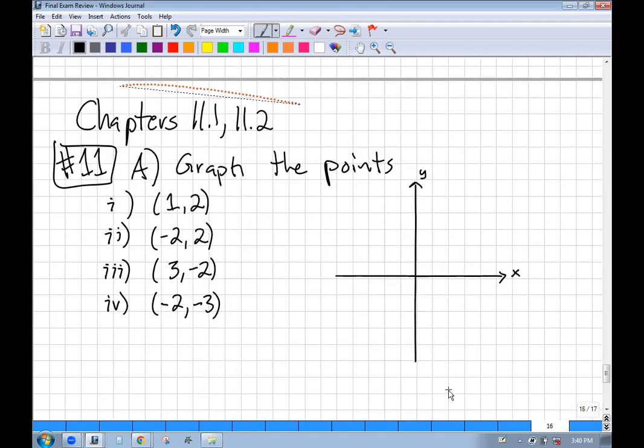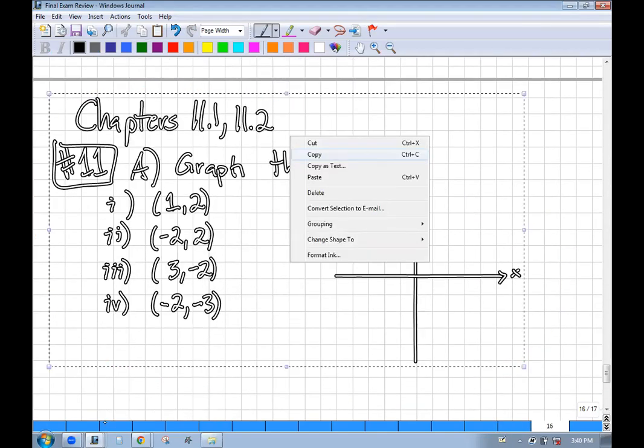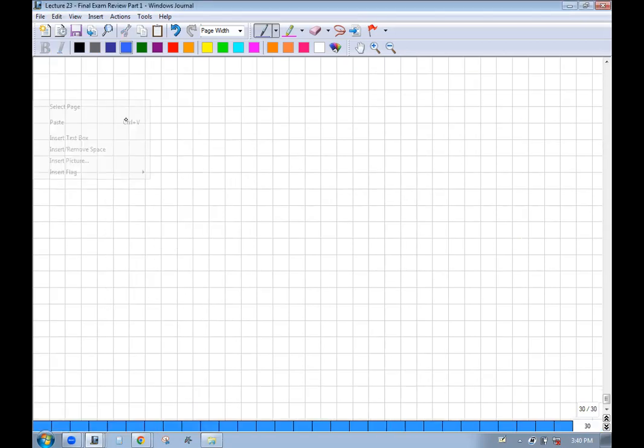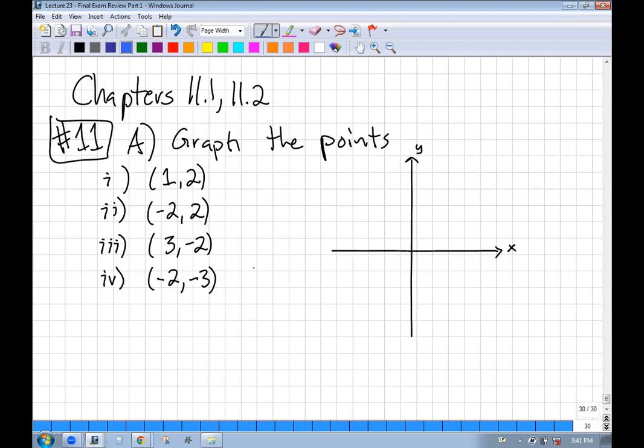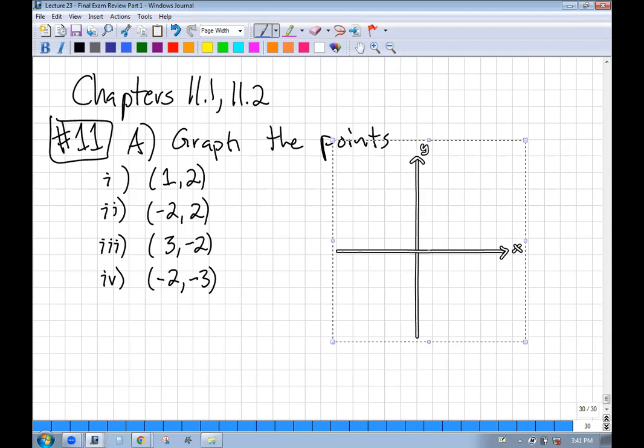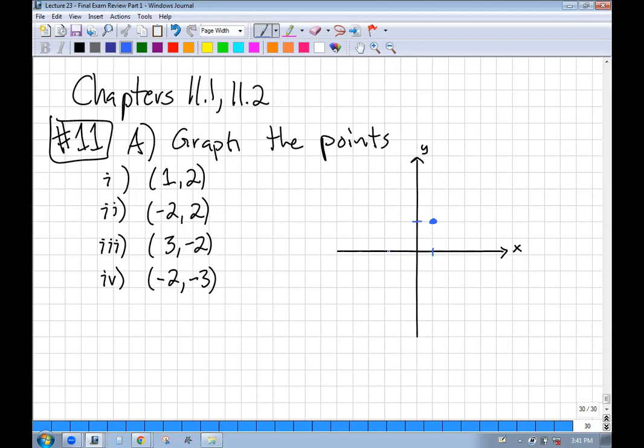All right, here we go. This is easy, graphing points. One, two, go. Let's see, I'll move this. Go over 1, go up 2. Boom. Back 2, up 2.